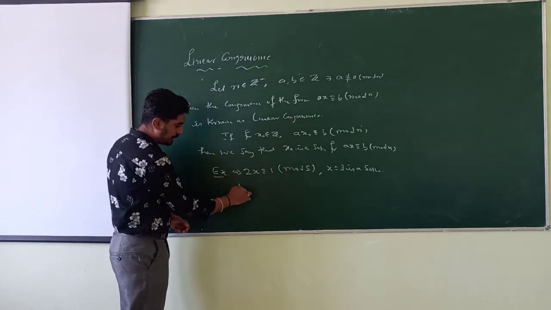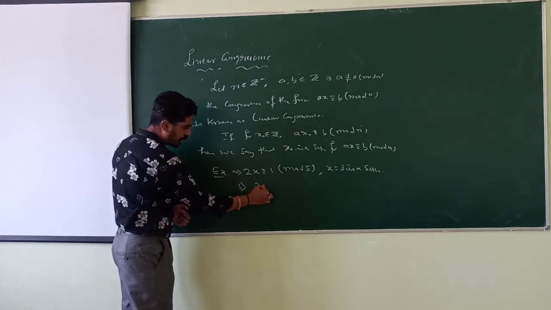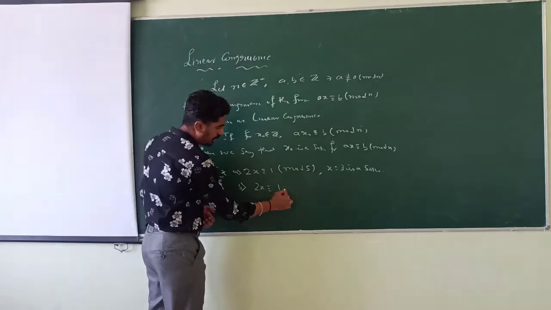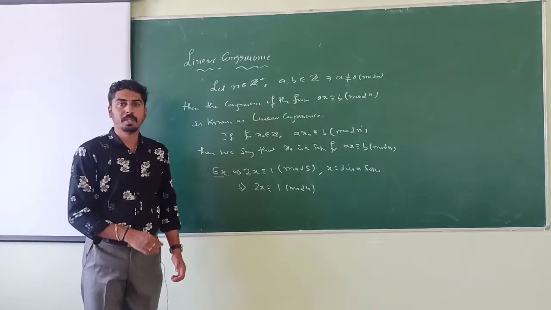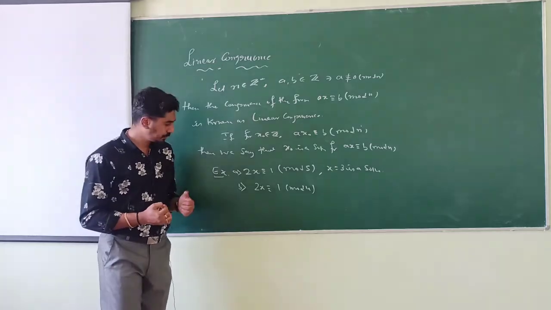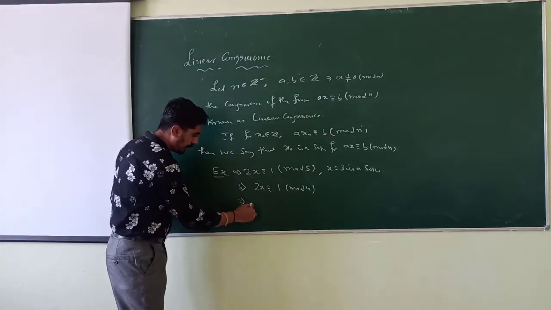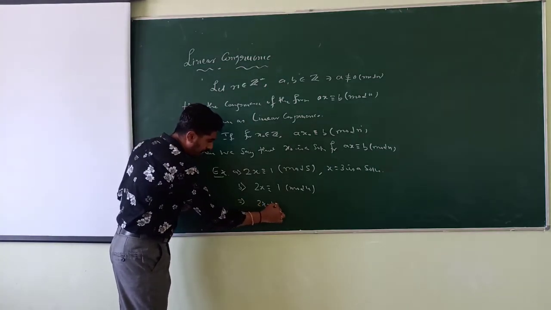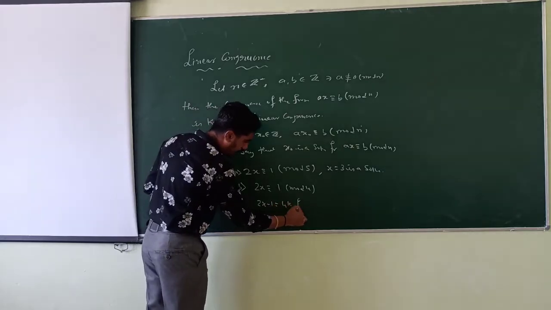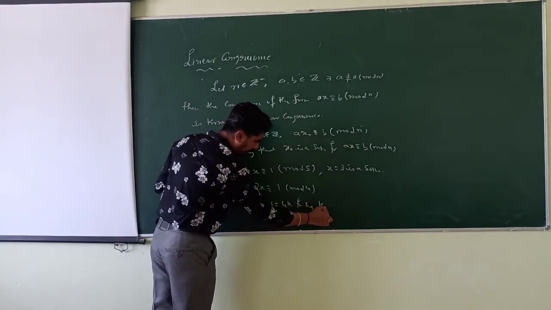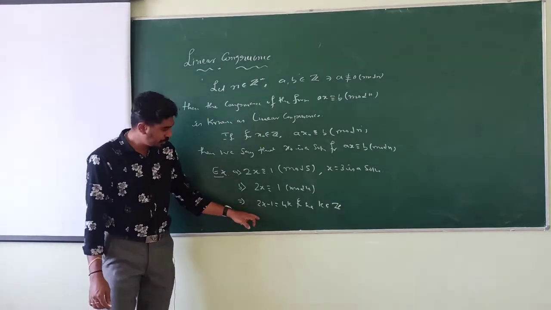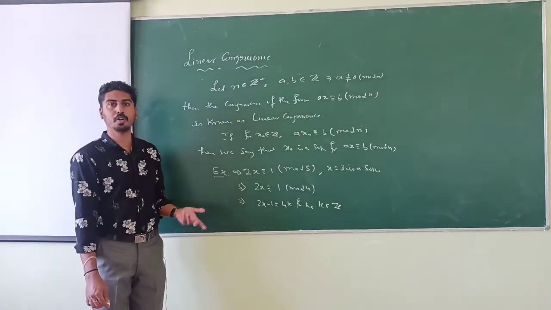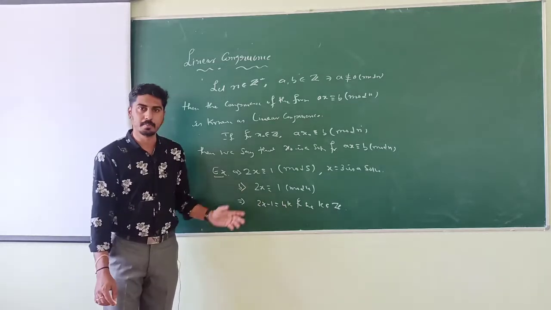Consider one more example, 2x congruent to 1 modulo 4. By the definition of congruence, we have 2x minus 1 is equal to 4k for some k belonging to Z. This is not possible because the LHS is an odd number and the RHS is an even number.